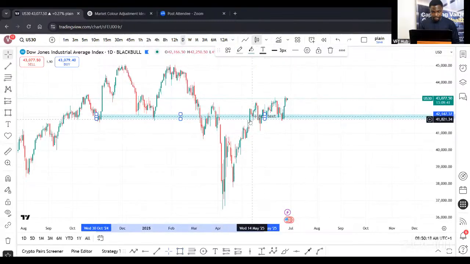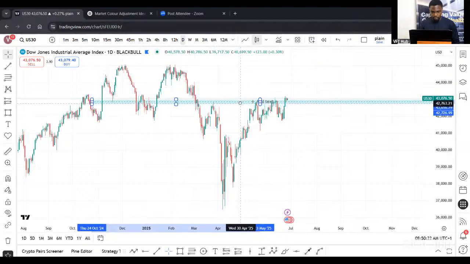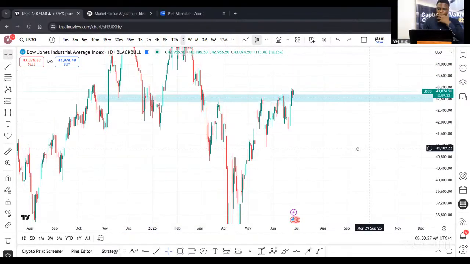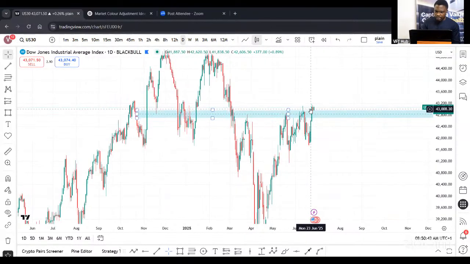But so far so good. It's looking pretty good. We've seen a bullish move to the upside and a strong bullish candle closing right above this previous high. A retest of this zone, and then price is currently in a way continuing the move to the upside.